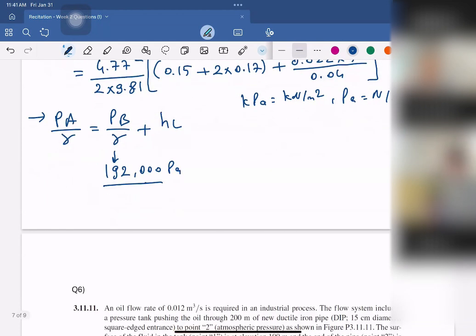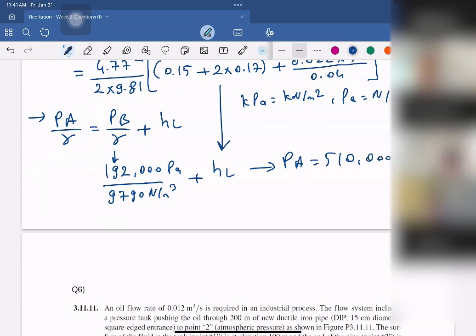And the specific weight for the water is again Newton over cubic meter, plus head loss. And from here, the head loss will be coming from here. And the pressure at point A is equal to 510,000 Pascal.